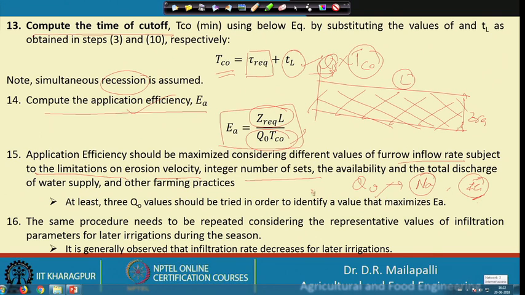So, computationally it is easy, manually it is tedious. Okay. So, at least 3 Q naught values should be tried in order to identify a value that maximizes E A. Okay. And the same procedure is to be repeated considering the representative values for infiltration parameters for later irrigations during the season. So, this is the first irrigation you are considering.